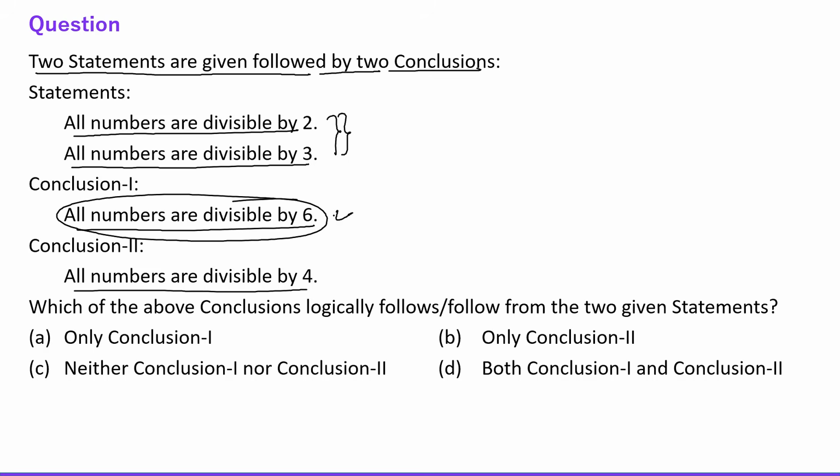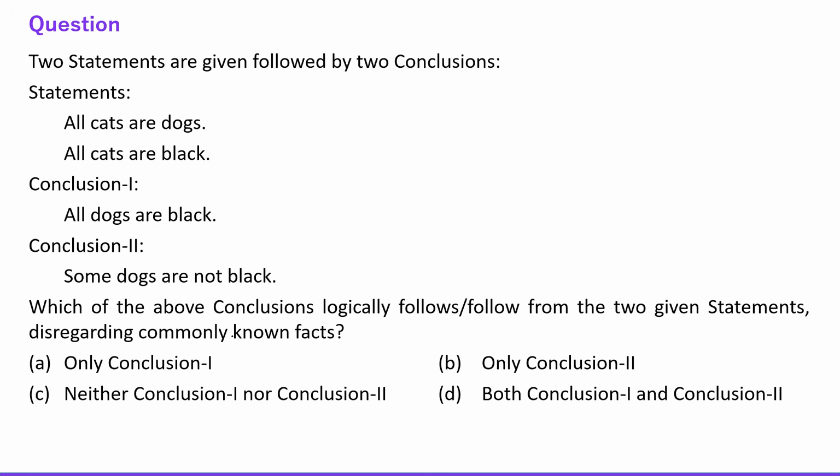So here only conclusion 1 follows. A option. Which of the above conclusions logically follow? So only conclusion 1. If a number is divisible by 2 as well as 3, then this number will be divisible by 6, right? Now let's move to the other question.